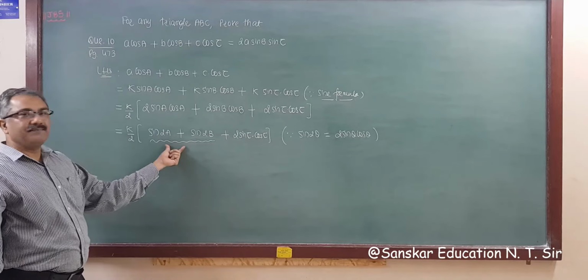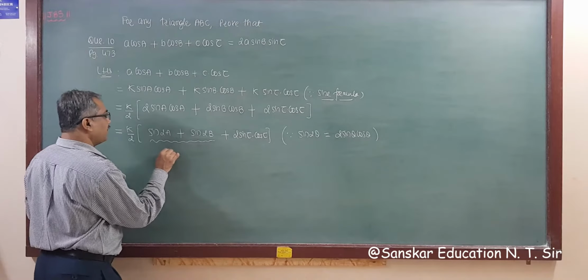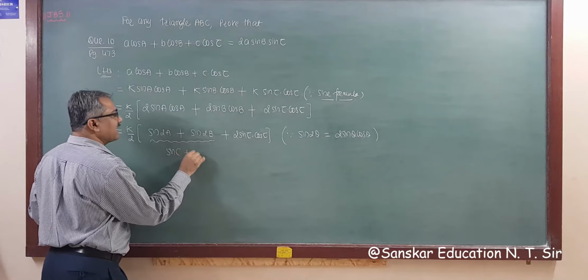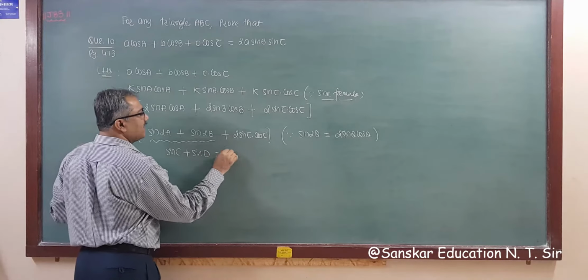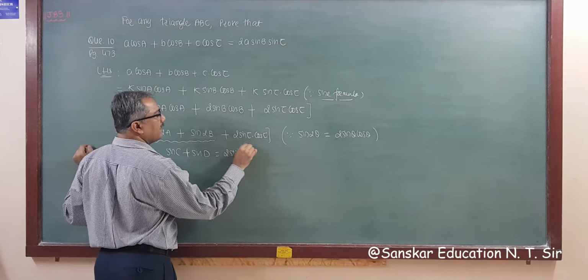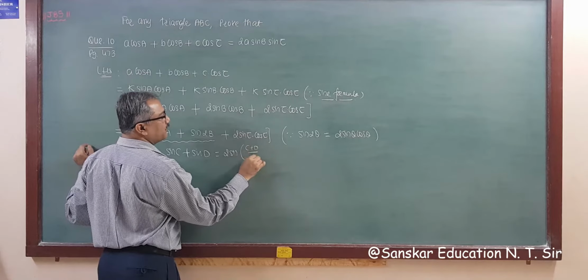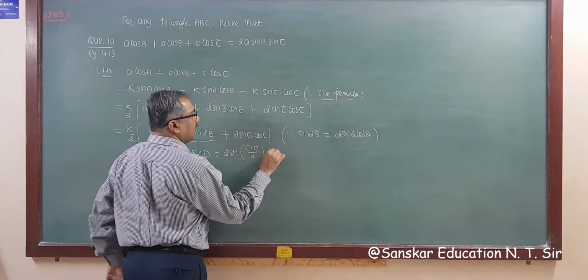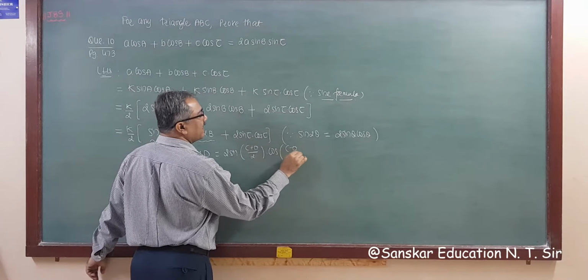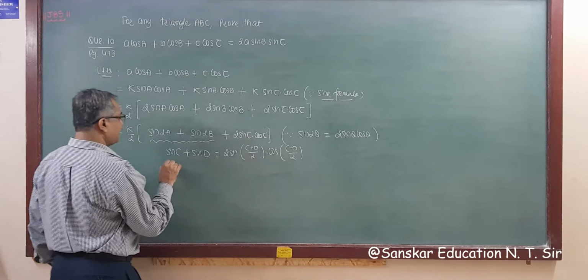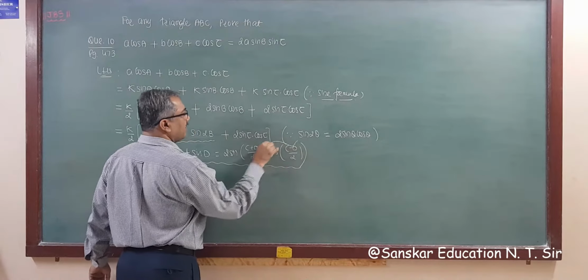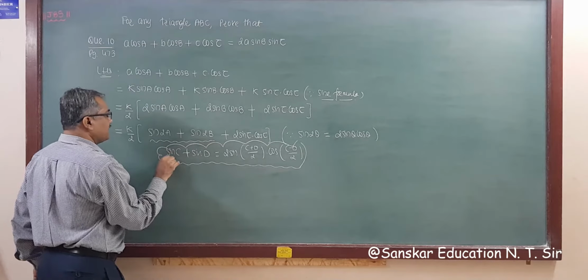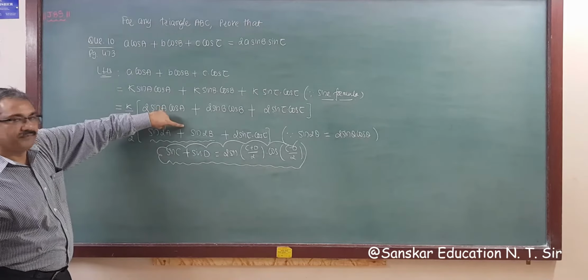So here, sin C plus sin D. The formula for sin C plus sin D is 2 sin (C plus D)/2 into cos (C minus D)/2. This is the formula that we are going to use here.